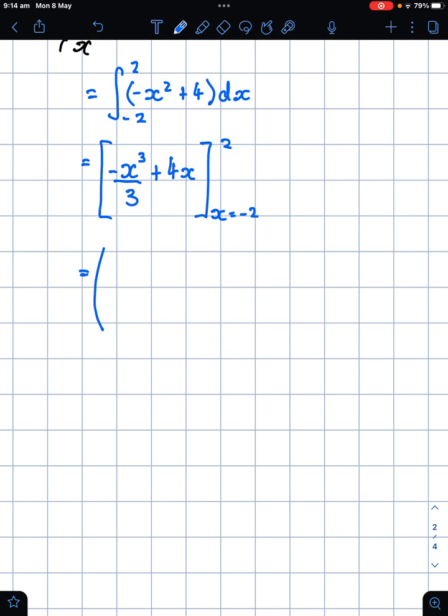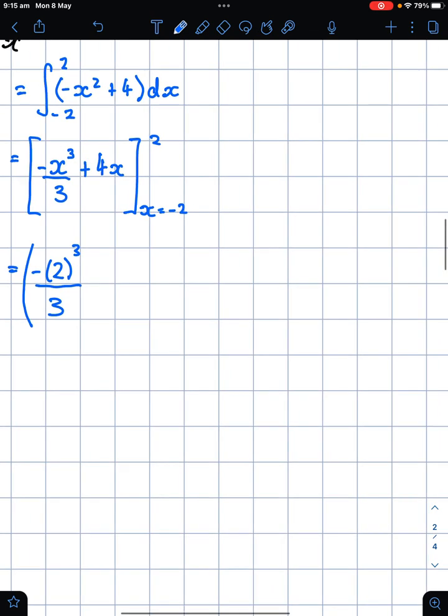We're going to go negative, 2 cubed over 3, and then plus 4 times 2, close bracket, and then we've got negative.